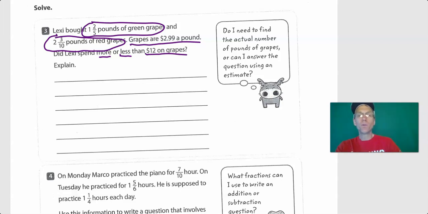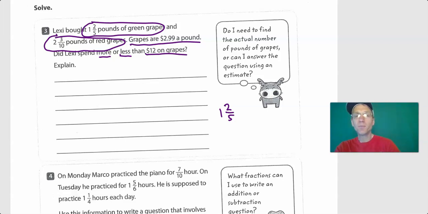So probably the easiest thing to do here is to find out, well, how many grapes altogether? So 1 2/5. And again, think about this. This is just like going to the store. She just went to the store to buy some grapes. So what would you do at the store? Well, you'd put all your grapes together and they're $2.99 a pound.